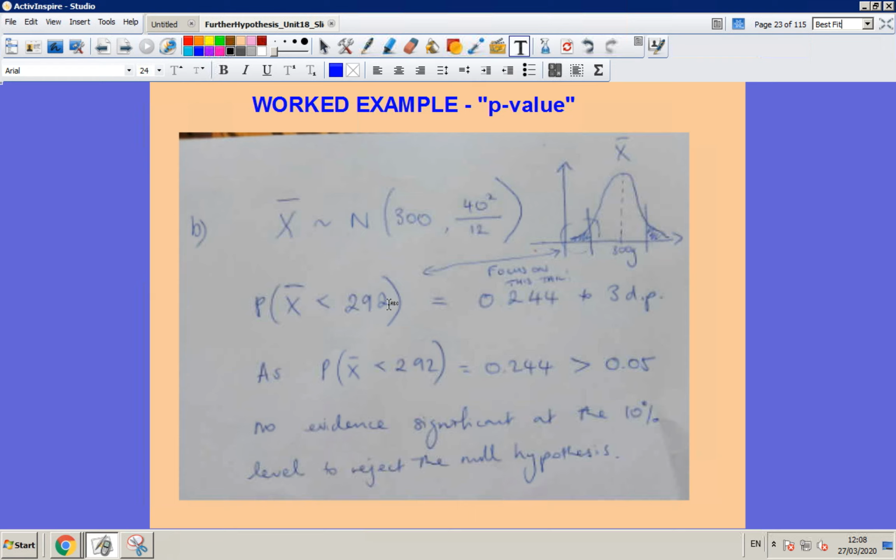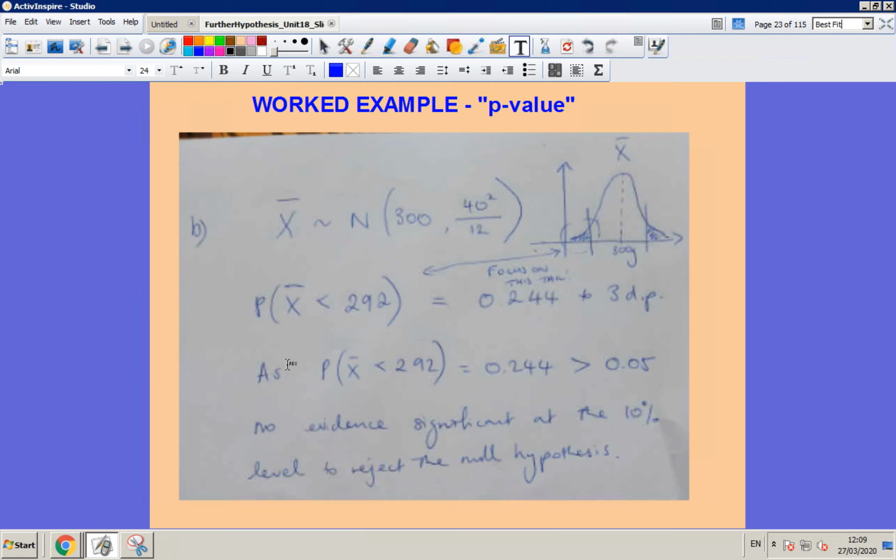So what we want to say is, what are the chances of getting a sample mean less than or equal to 292 grams within a population that has a mean of 300 grams and this variance? We're looking at this part of the tail because we're interested in a value that is below the mean. So we're going to find the probability that x bar is less than 292. And you find on your calculator this is equal to 0.244 to 3 decimal places.